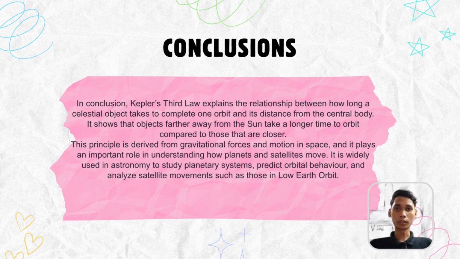This principle is derived from gravitational force and motion in space, and it plays an important role in understanding how planets and satellites move. It is widely used in astronomy to study planetary systems, predict orbital behavior, and analyze satellite movements such as those in low Earth orbit.